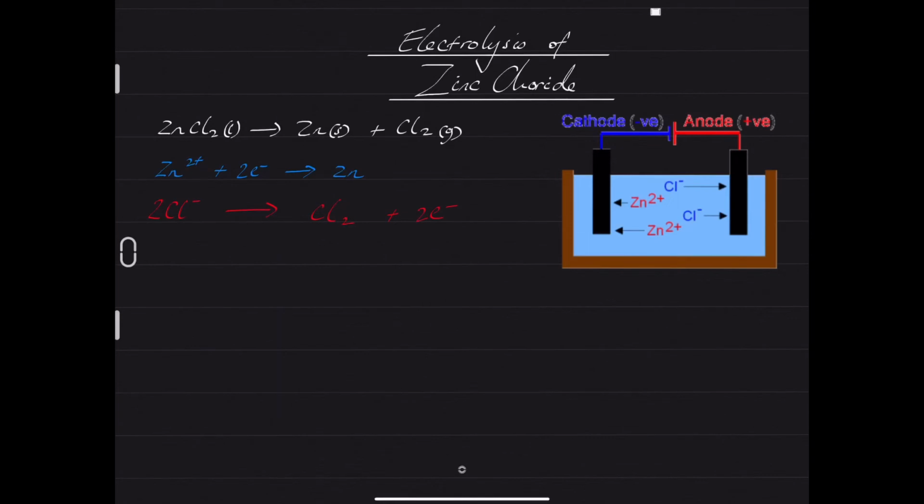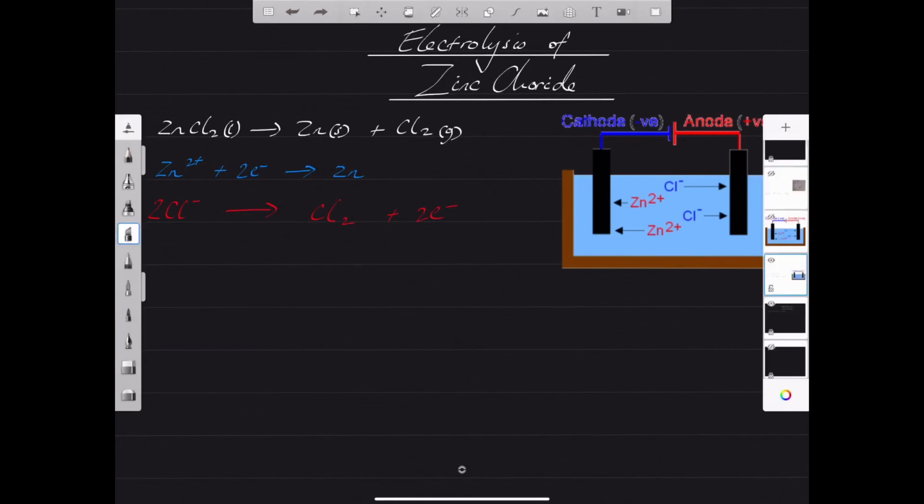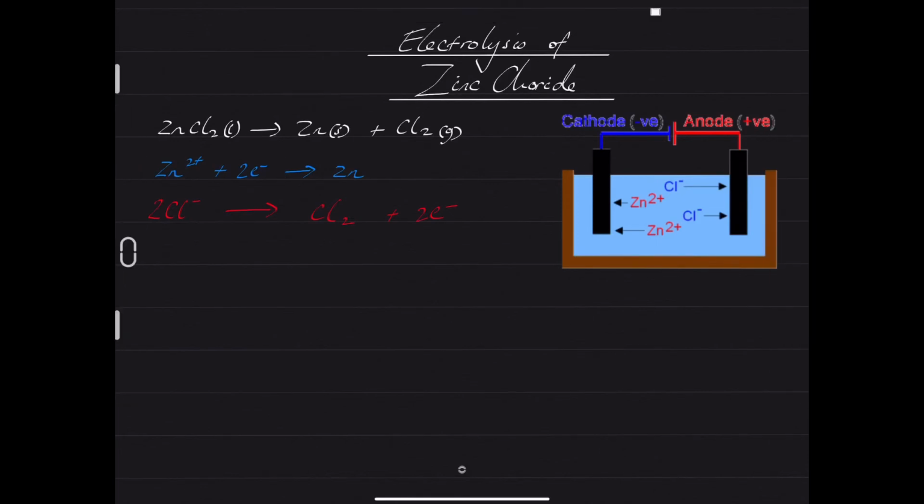This first equation for zinc, if you look at this part of the equation, we are adding 2 electrons to Zn 2+. So it's gaining electrons. Therefore, we say the ionic half equation for zinc at the cathode is a reduction reaction. So we say here it is reduction.